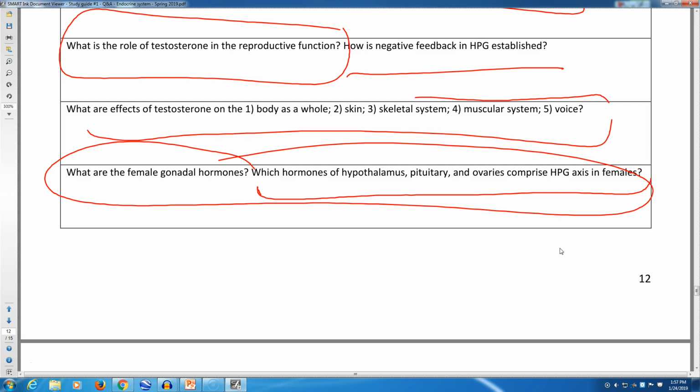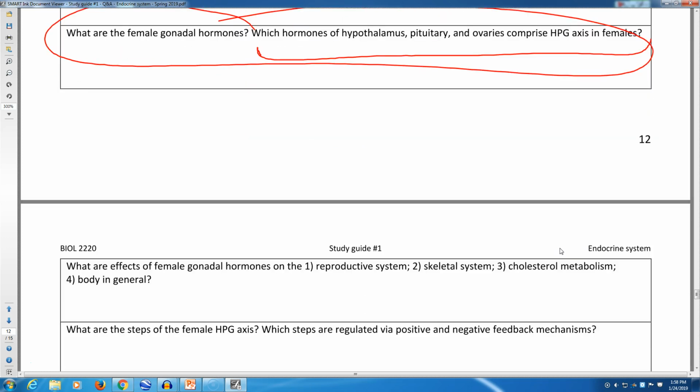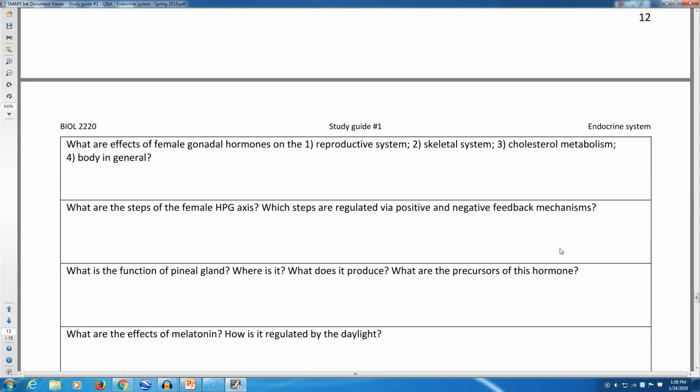I will ask you about the effects. Like, what are the functions of estrogen? What does it do? It leads to secondary sex characteristics development. It is necessary for proper follicle maturation. That makes sense? You understand what I'm trying to say? But I'm not going to ask you about that endocrine axis yet.